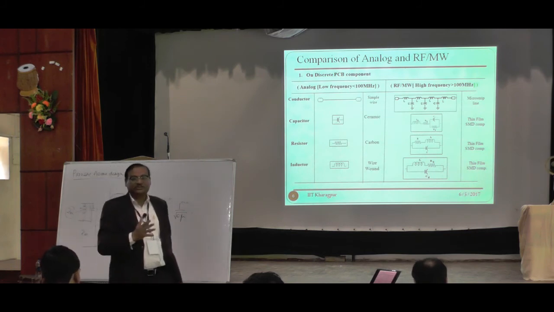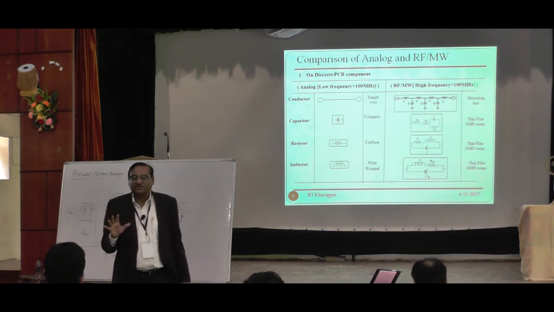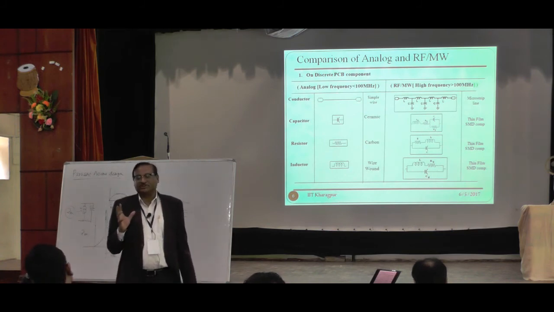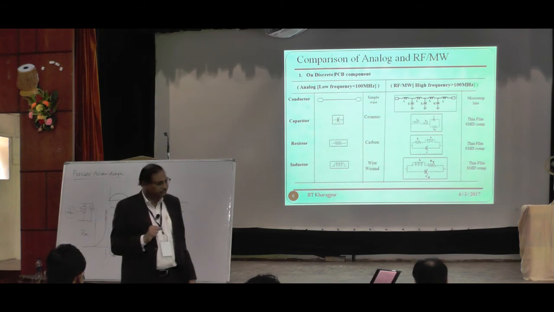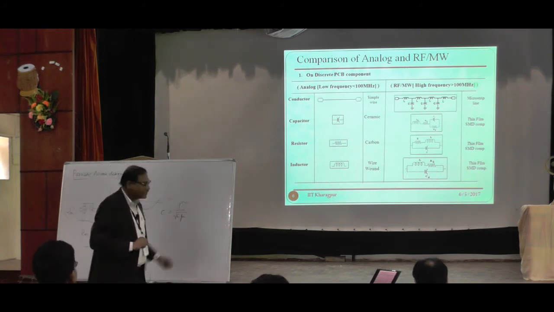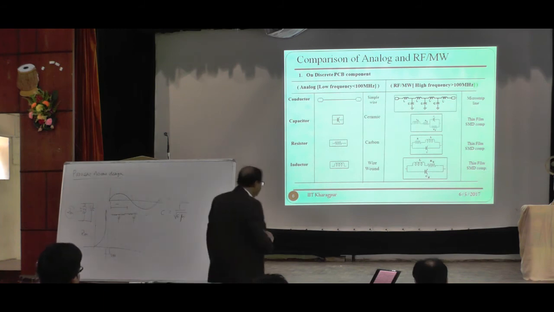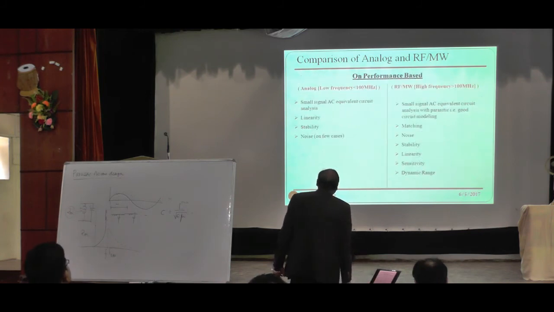Suppose 2.4 gigahertz, then your cutoff frequency should be around 24 gigahertz. So you need special transistors called RF transistors, where the substrate resistance is very low. So this picture is clear to you. So you need to go from the lumped parameters to the distributed parameters, where you actually want this.